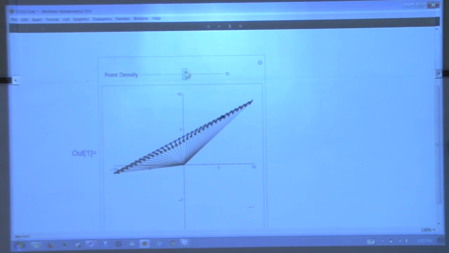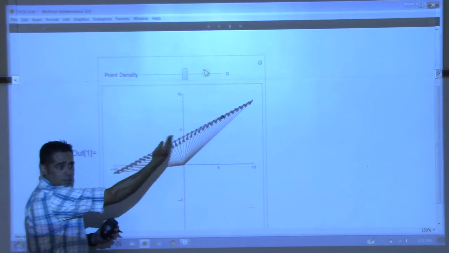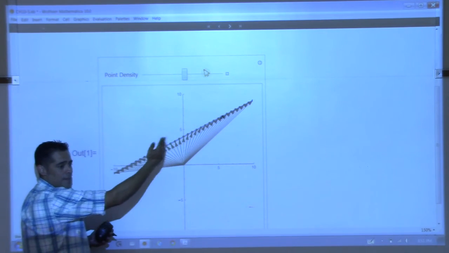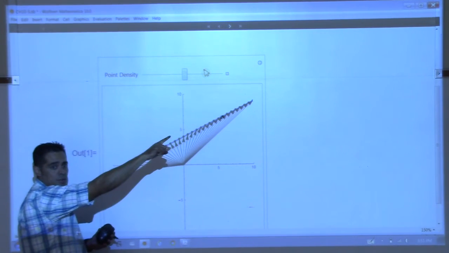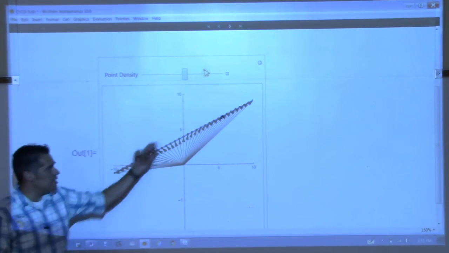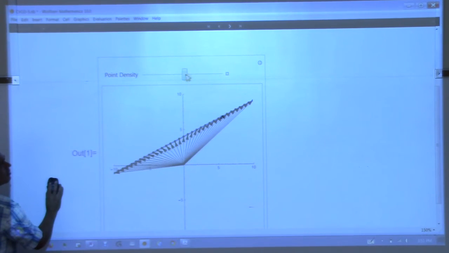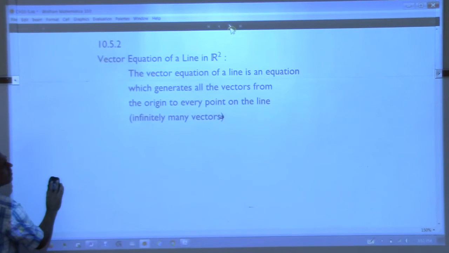So another way we could draw a line is just give you a formula that draws all those vectors, and that would give you a way of drawing all those points. So our goal here is to come up with a formula that generates every single one of those vectors that you see there. So that's what we're going to go about trying to do now. So infinitely many vectors is what we're going after.